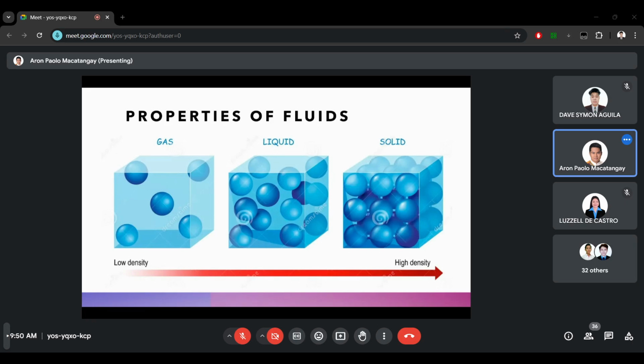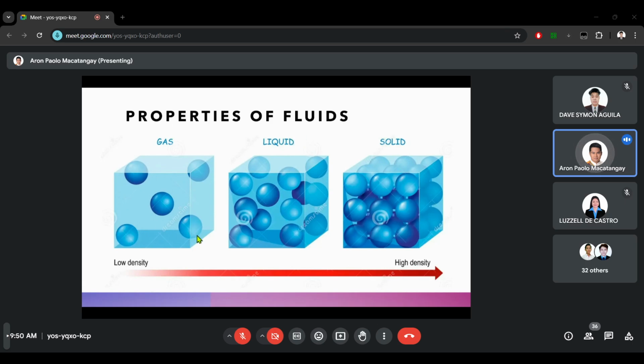Okay? So what does this density mean? Again, this is mass per volume. So this is the amount of mass per unit volume. For example, I have a unit volume here, 1 meter by 1 meter by 1 meter cube. So I have a unit volume of 1 cubic meter. This value is a representation of the amount of matter within that 1 cubic meter of volume. Okay?